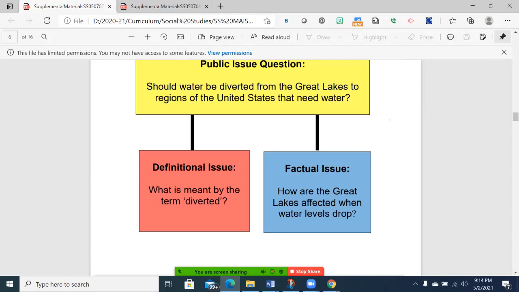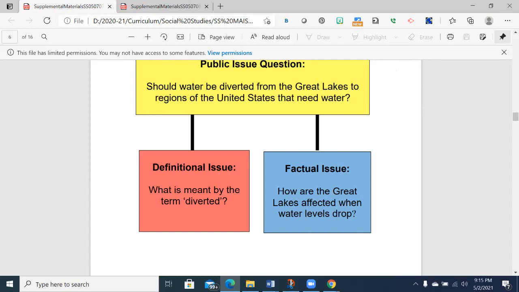Literally, should we put a giant straw that stretches thousands of miles across the country to make sure they have water? So the definitional issue is, what is meant by the term diverted? Are we going to use pipes? Are we going to basically dig a canal or river that takes it there? The factual issue, how are the Great Lakes affected when water levels drop?